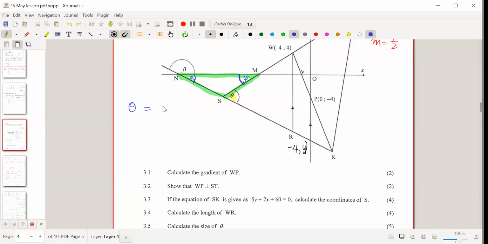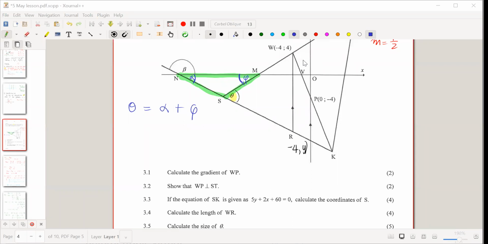So does everybody follow when I say that theta, which is the exterior angle of triangle NMS, will be obtained by taking alpha, that angle, and adding it to phi, that angle there? Is that clear? Great. So if we agree with that, then all we have to do is now solve for alpha and solve for phi. But is that easy or not?